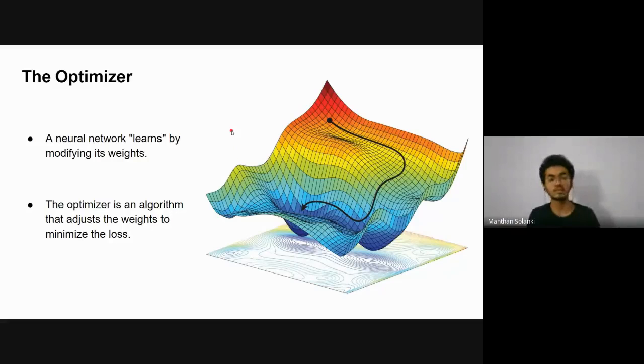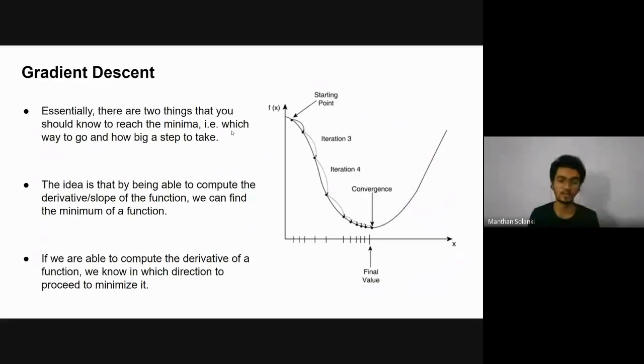So the optimizer is an algorithm that adjusts the weights to minimize our loss function. There are several optimization algorithms available, but one of the basic algorithms is gradient descent. It is the most basic algorithm, used for many techniques, and it is heavily used in linear regression and classification problems. Now what is gradient descent?